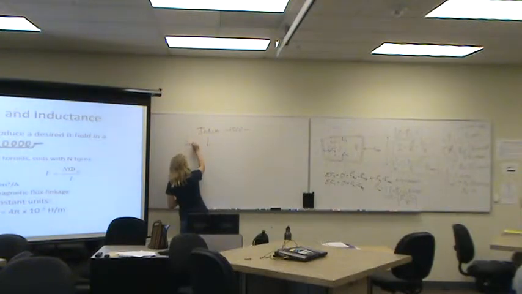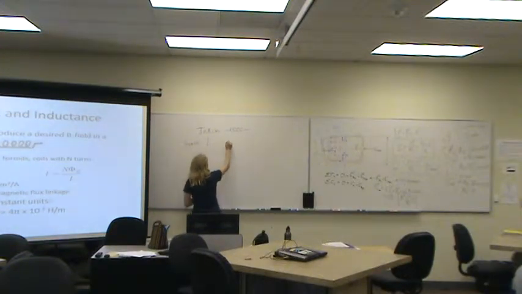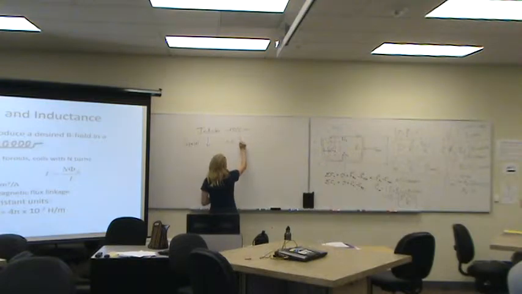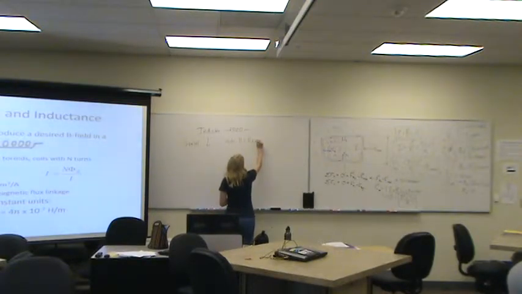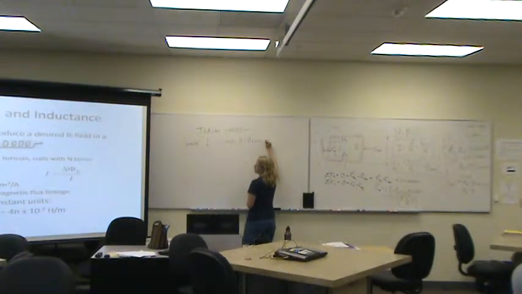So that's our symbol, and our units are henries. What is a henry? Tesla meters squared per amps.